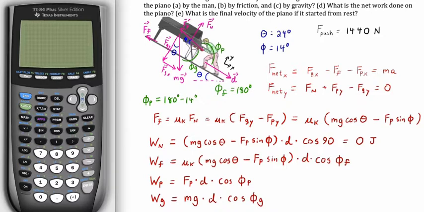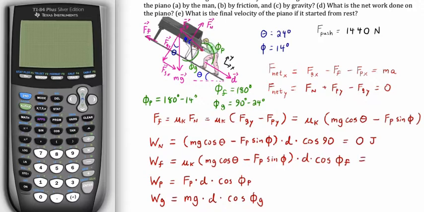And what is that angle? Well, we see in a similar manner to the way that we found the angle of the pushing force, that the angle of the gravitational force relative to the displacement is 90 minus 24. It's going to give us 66. So let's make those calculations, and we'll just write our values over here.